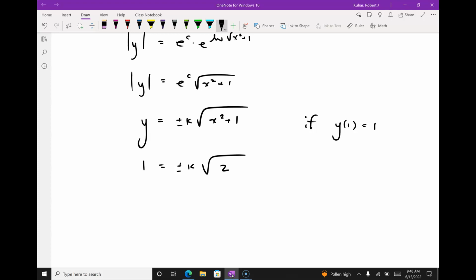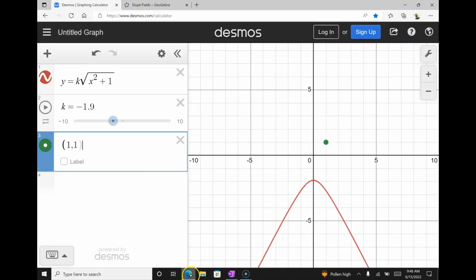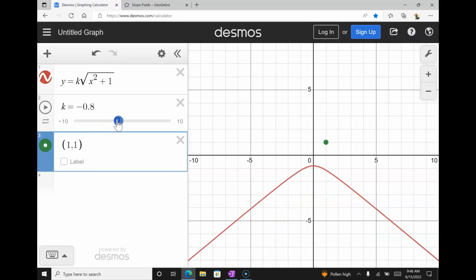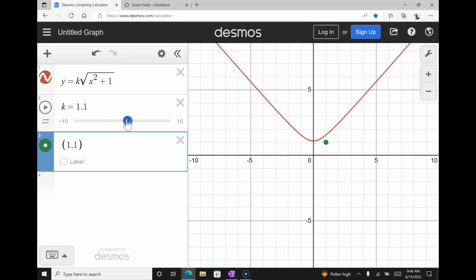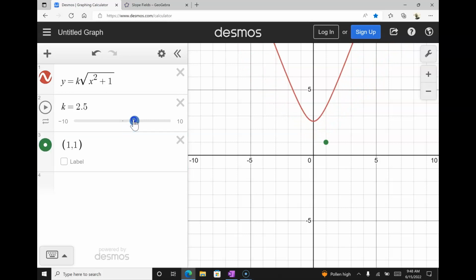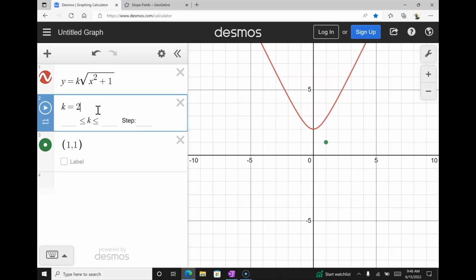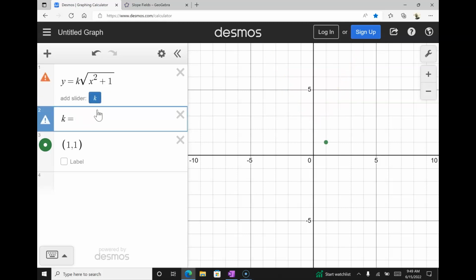And obviously, k is going to be a positive 1 over square root of 2, right? Or rad 2 over 2. So if I put that in, what is rad 2 over 2? 2.24? Yeah, I'm just lazy. No, I'm wrong here. Sorry. I can just type it in, right? Okay.